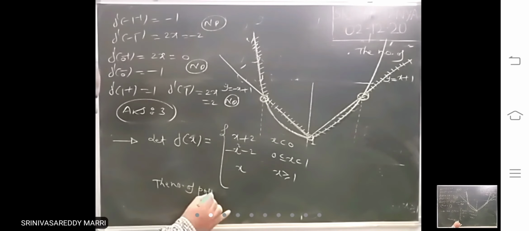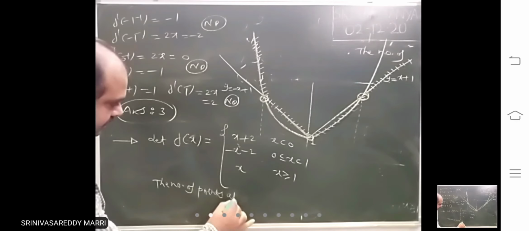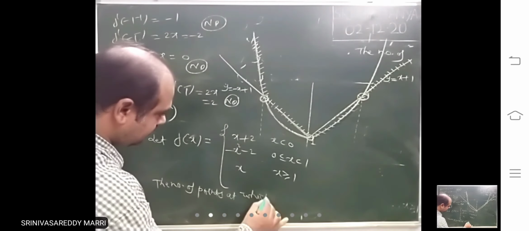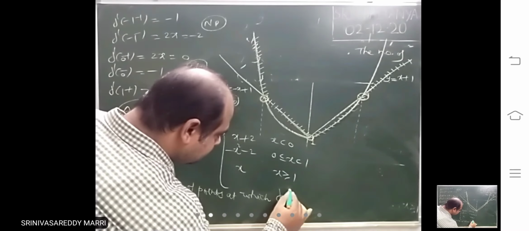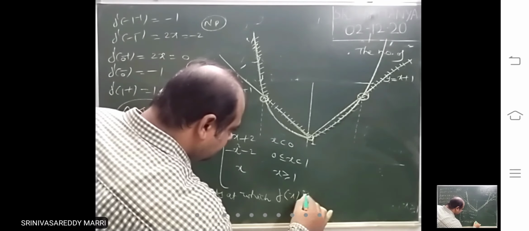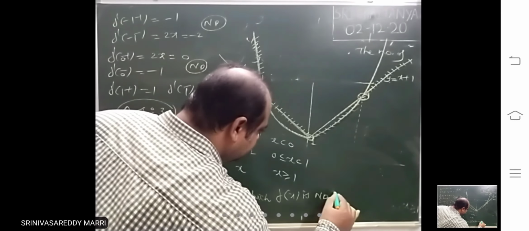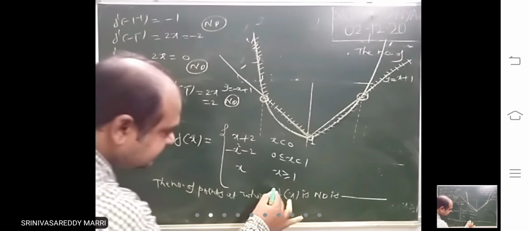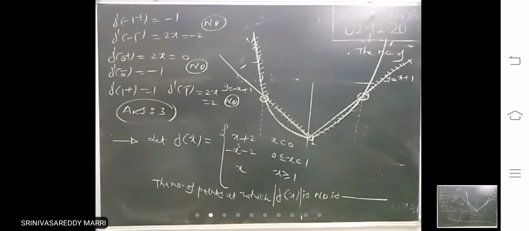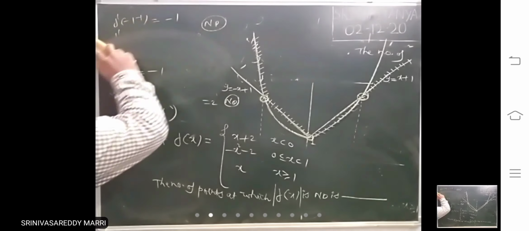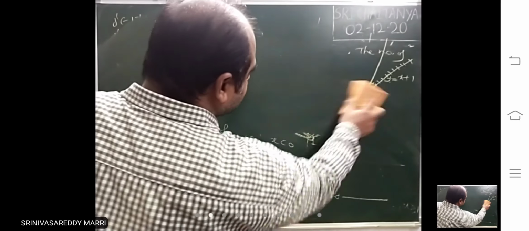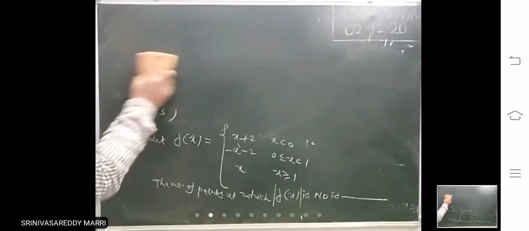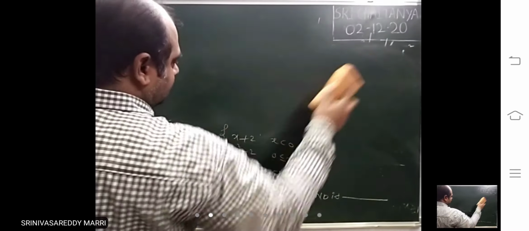The number of points at which modulus f of x is not differentiable is dash. Look at this problem: the number of points at which modulus f of x is not differentiable.